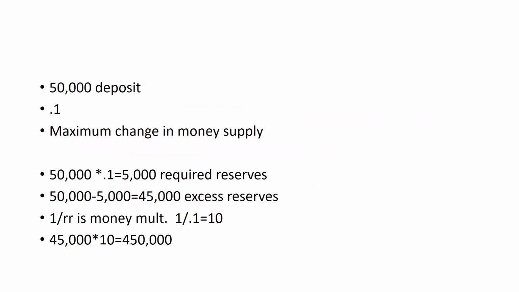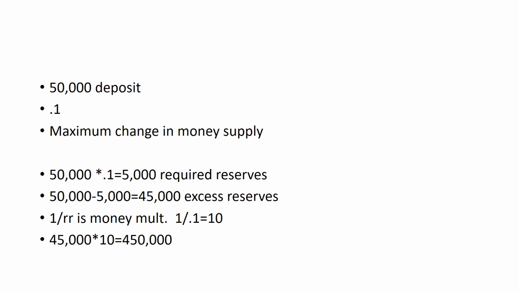It's a $50,000 deposit. I know I have to keep 10% because that was the reserve ratio, so I have to keep $5,000 in required reserves. If I take that 50,000 minus 5,000, it leaves me 45,000 in excess reserves.